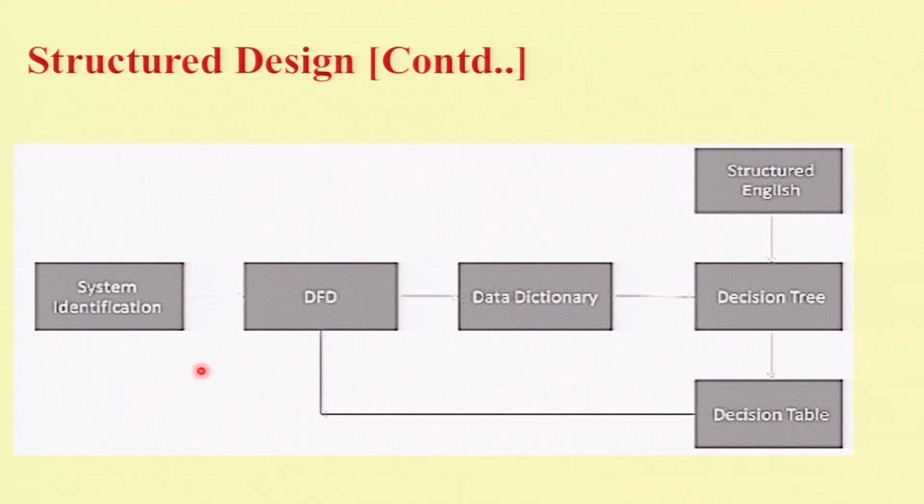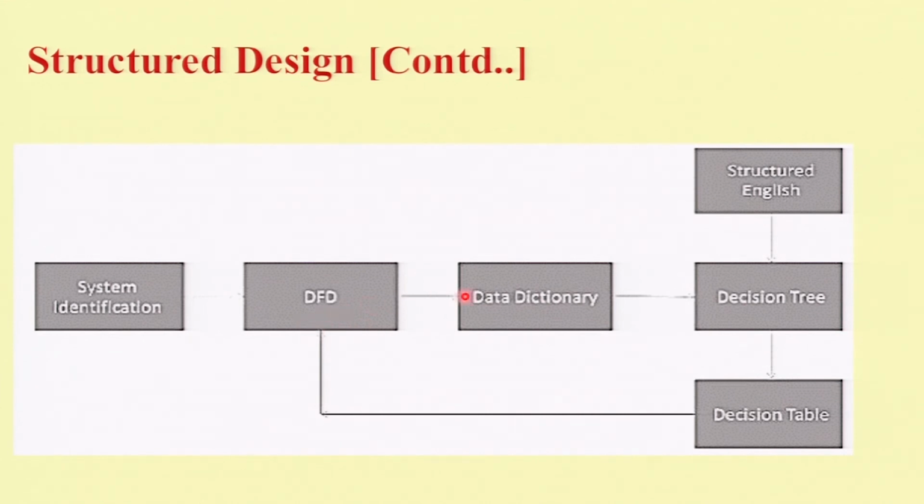Now, let us have a look at the structured design. Here you have system identification and the data flow diagram, and this data flow diagram has access to the data dictionary. A dictionary is a place which has all kinds of information related to the data.